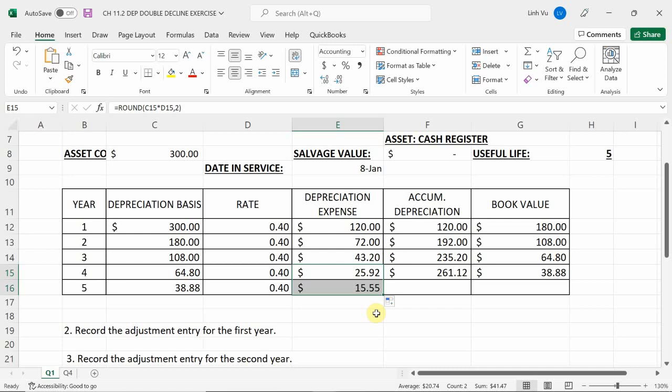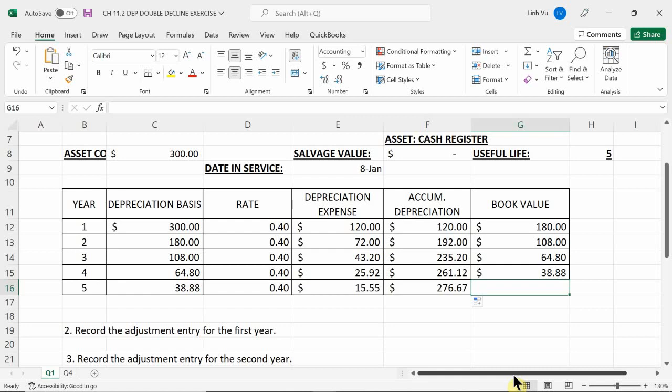So your accumulated would be 1555 plus 261, 276. So what would your book value be at the end of the 5th year?